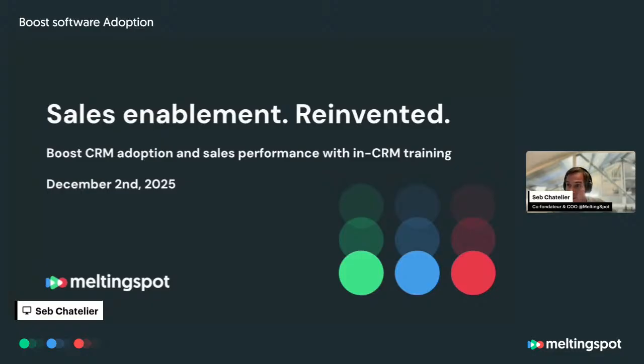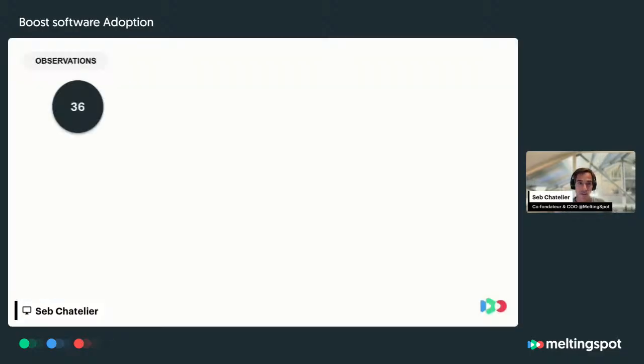We're going to start with a few observations, and then we'll take it from there. First off, what we've observed by supporting sales teams with their software adoption, be it Salesforce, HubSpot, Pipedrive, or any other custom-made CRM software, 36 days of productivity are lost every year by your sales teams for lack of proper CRM usage.